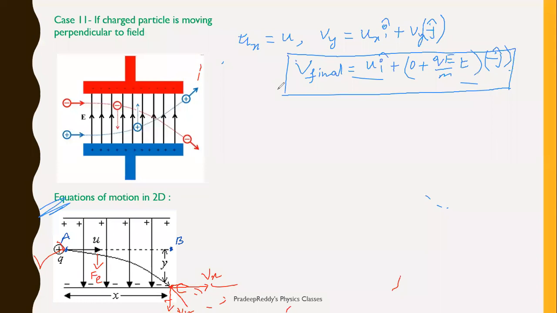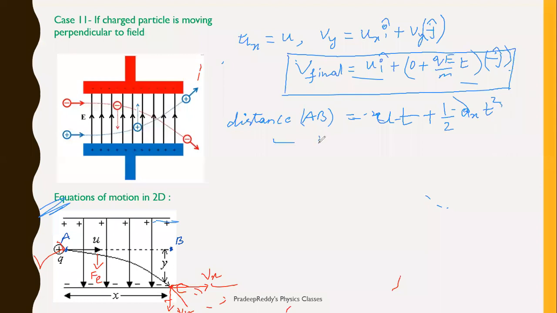Now I want to find out how much distance it is covering along the x-axis and how much along the y-axis. Distance traveled along AB, that is along the x-axis, is S equal to ut plus half at square. You can use that. u is u as it is because it is along the x-axis. S is equal to ut plus half acceleration along the x-axis into t square.